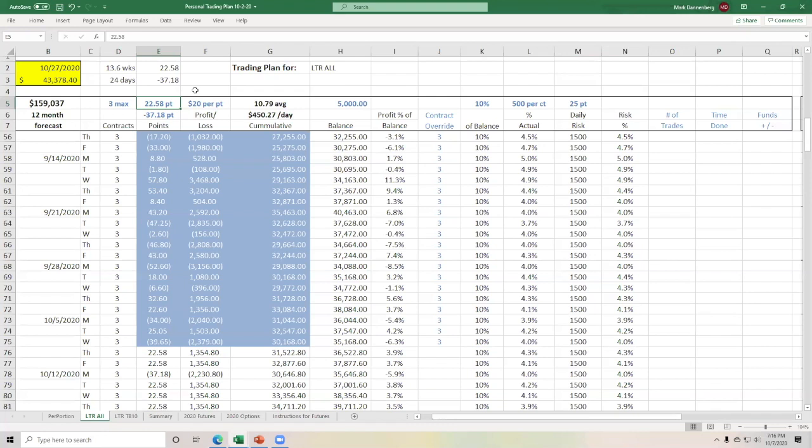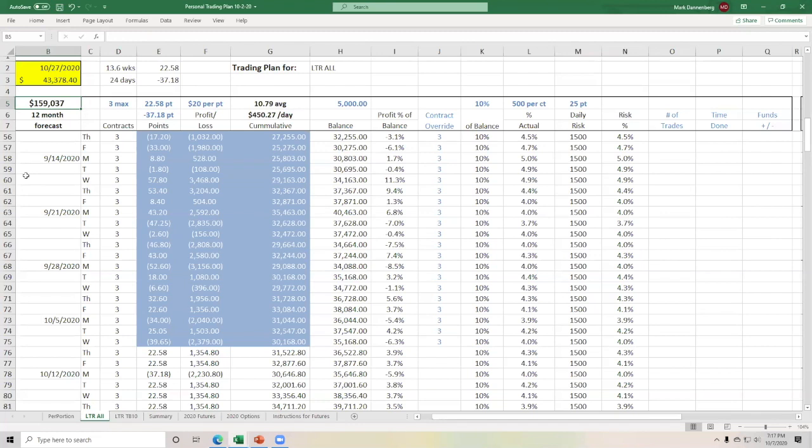No, we don't like losing, but let's just plug that in and let's see what that projection is, because we know that going forward, if our run rate is replicated, meaning this may be a less than satisfying run rate of winning days and a higher run rate of losing days, if that is your opinion, you still end up with a 12-month forecast of about $159,000.